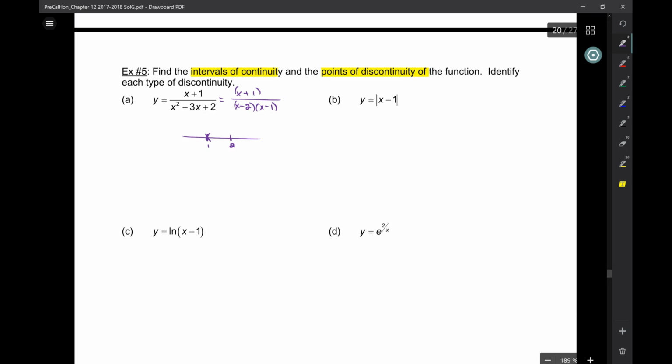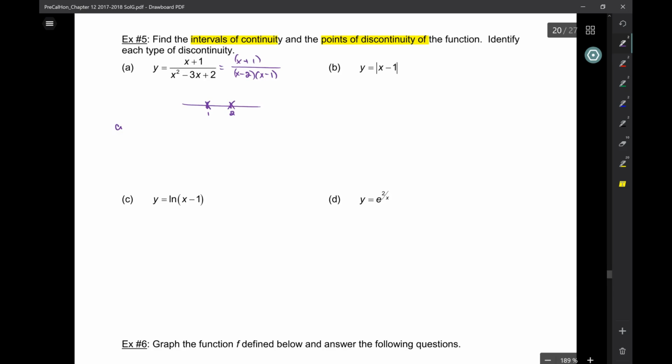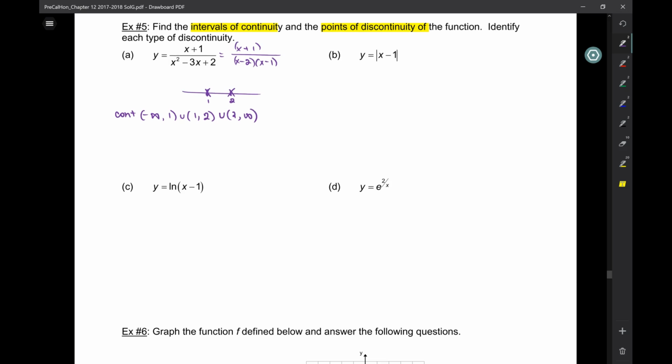This function is not defined at 1 or 2. It's discontinuous there, but it's continuous everywhere else, right? So I say this is continuous from negative infinity to 1, 1 to 2, 2 to infinity. Yeah, the parentheses, correct, the parentheses.